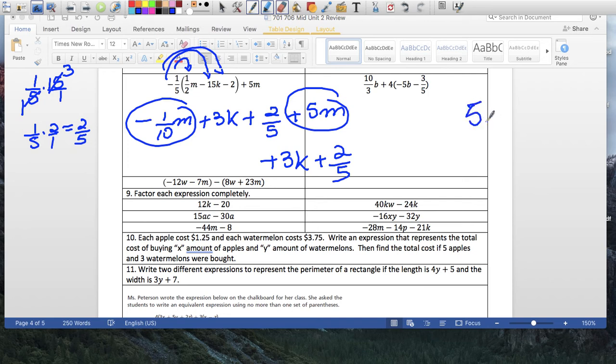So it's 5m minus 1/10 m, or 1/10 plus 5m, it doesn't really matter which way. I probably would do this as a decimal. So it's 5m, and if I change 1/10 to a decimal, I get 0.1m.